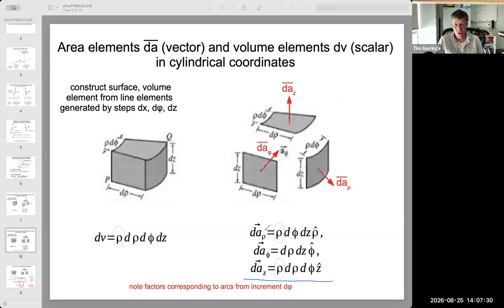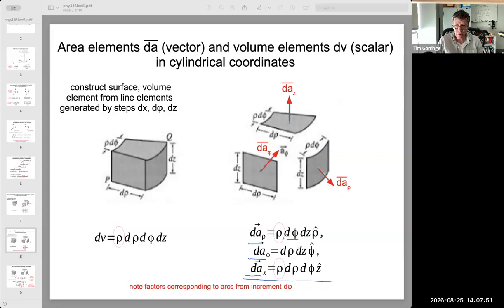This is the construction of the area element that's perpendicular to the rho direction. So the vector points in the direction of increasing rho, and here's the same thing for phi. Here's the same thing for z. You notice this one little complication.